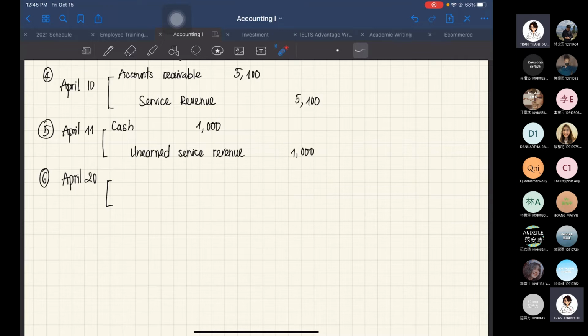So they already performed it. Which account are you going to use? They performed the service, and they're receiving cash. Yes. If they say it's receiving cash, it hasn't been performed yet. Is it easy?